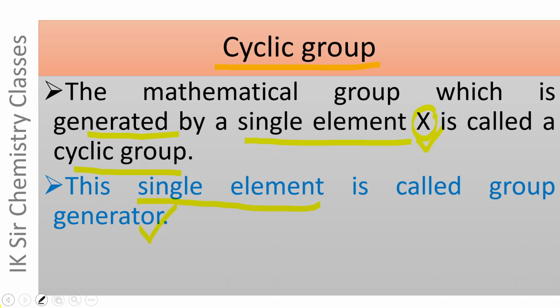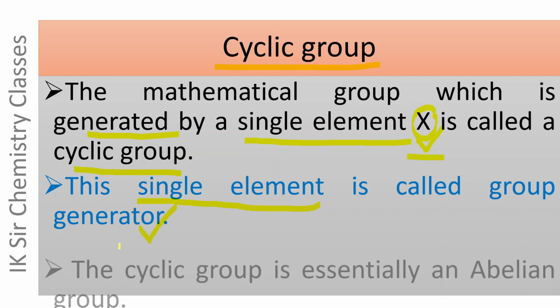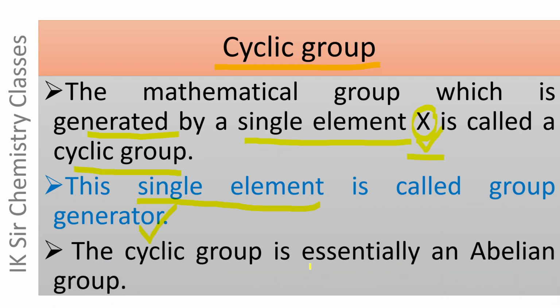The other elements are obtained by giving different powers to the single element x. The cyclic group is essentially an Abelian group. The Abelian group is also called commutative group.